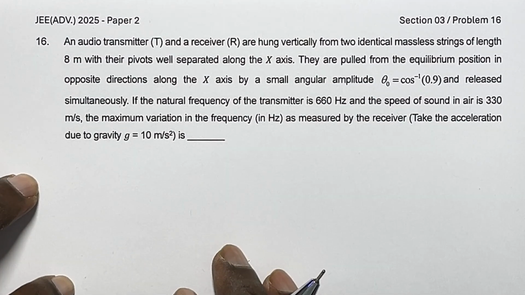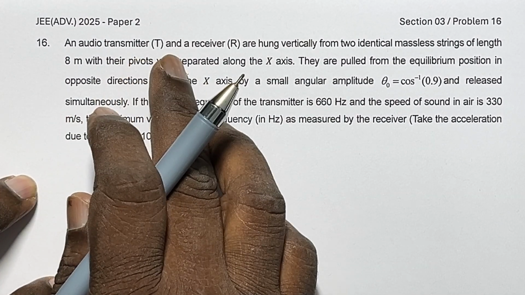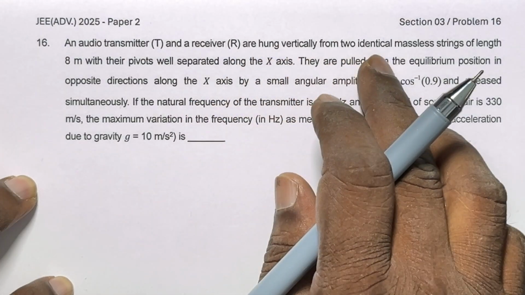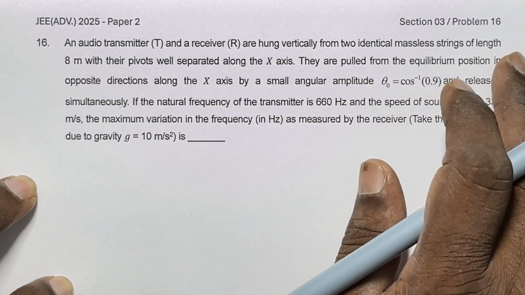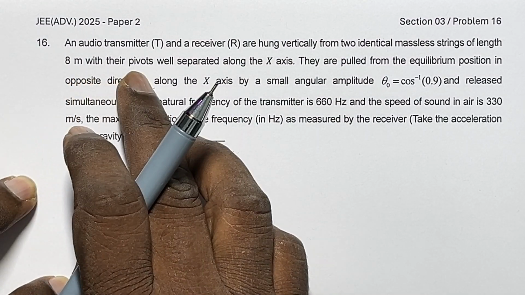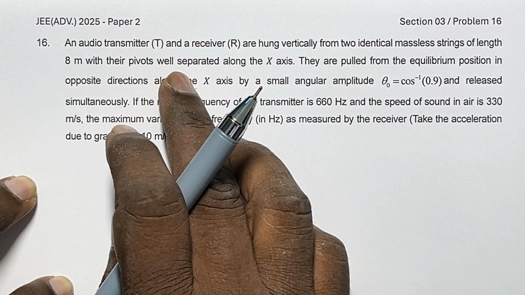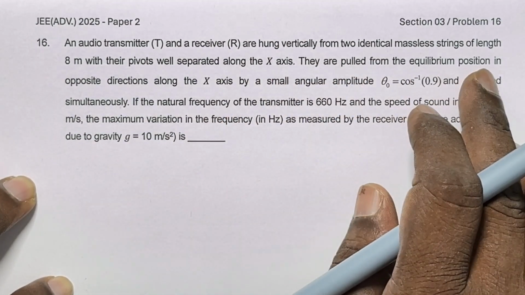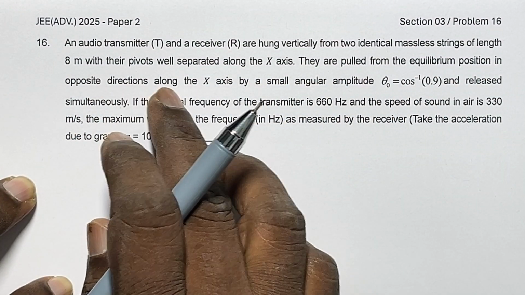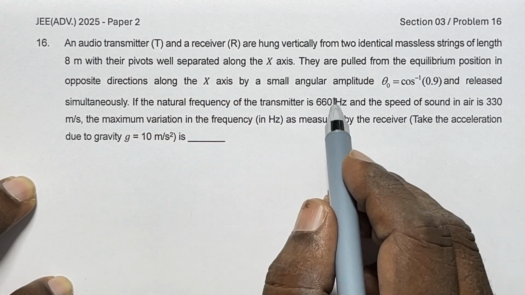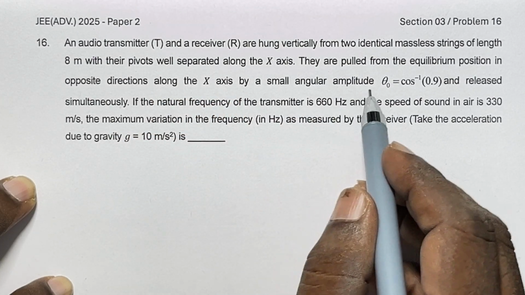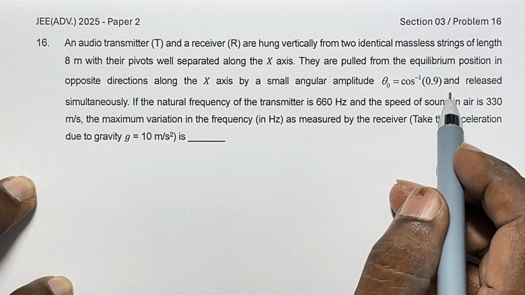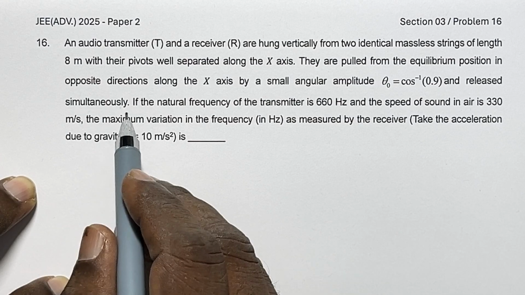In this problem, an audio transmitter T and receiver R are hung vertically from two identical massless strings of length 8 meter with their pivots well separated along the x-axis. They are pulled from the equilibrium position in opposite directions along the x-axis by a small angular amplitude theta naught equal to cos inverse 0.9 and released simultaneously.